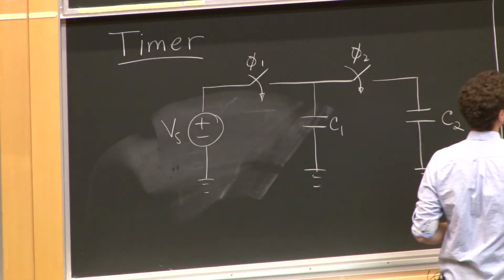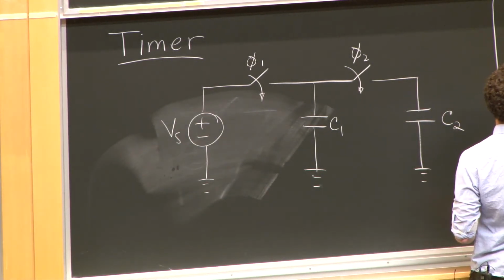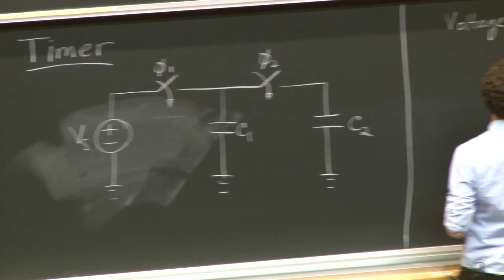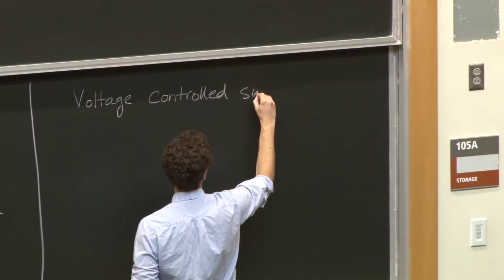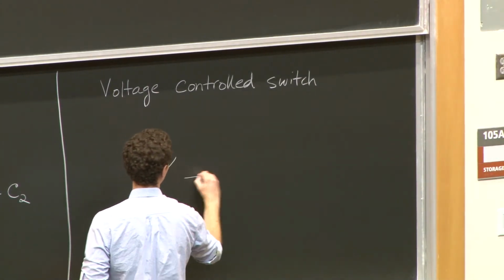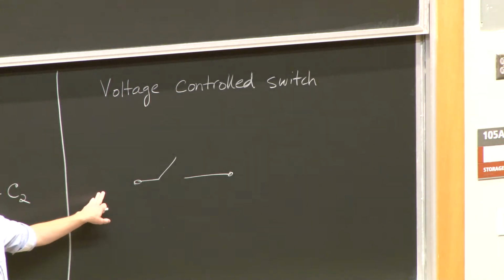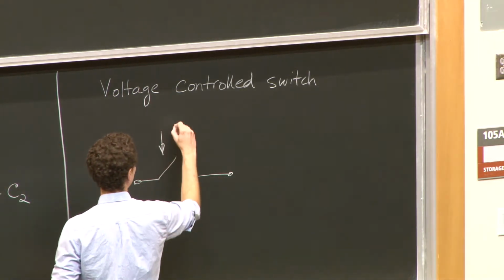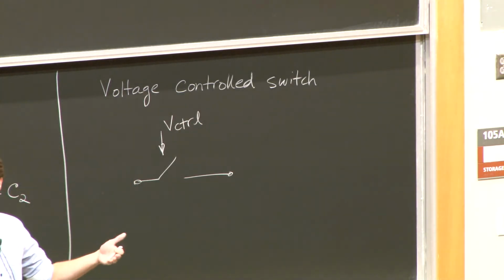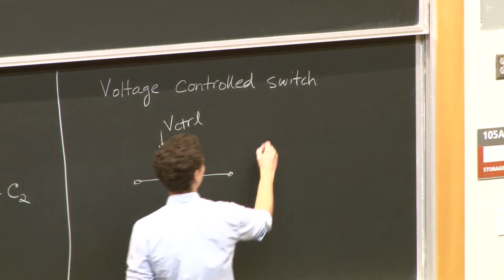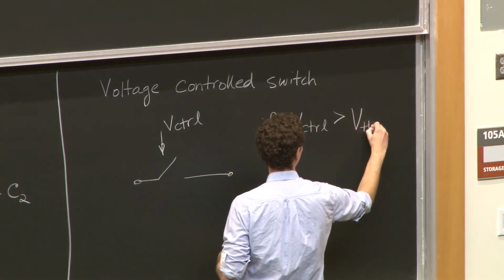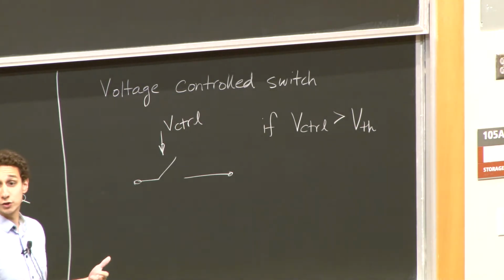So just for a minute, let's extend our definition of a switch and call it a voltage-controlled switch. Basically, we have this switch, and we define what's called a control voltage, V control, where if V control is above some threshold, call it VTH, the switch is a short circuit.